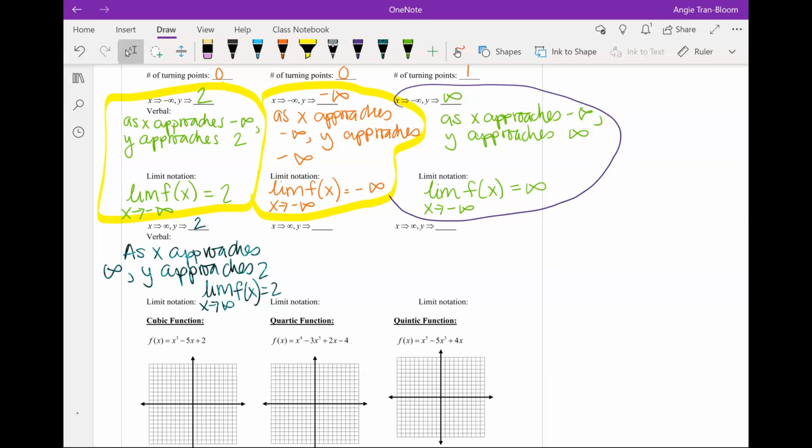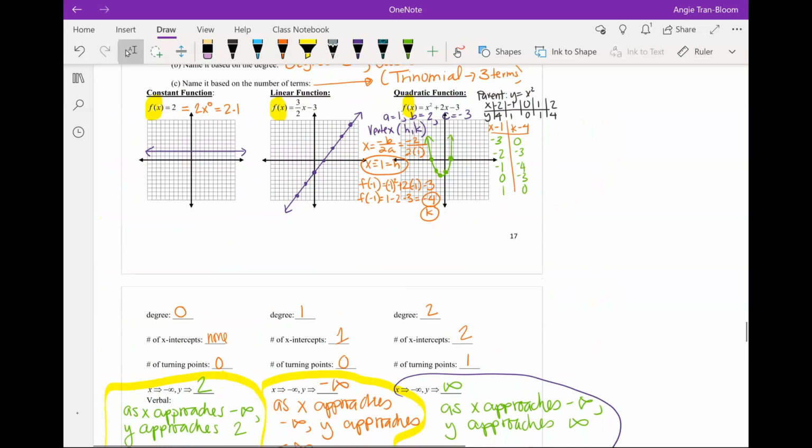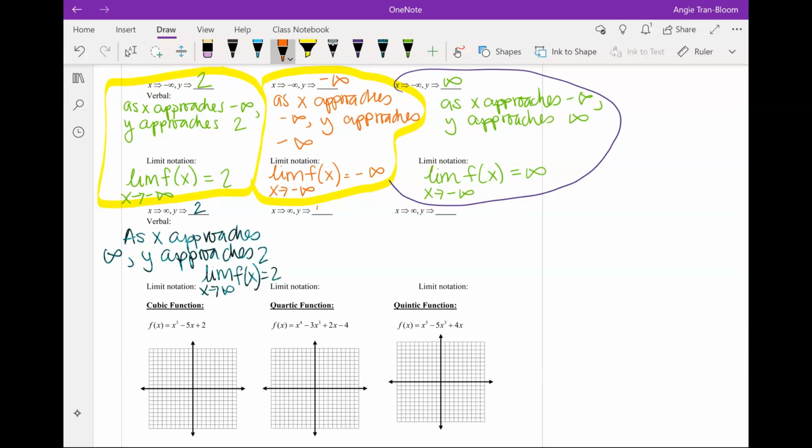In the middle, which is your linear, let me move it back up really quickly. As x approaches positive infinity, which is now we're moving to the right, what's happening to y? Y is going up. Does it stop? No, because the arrow means it goes up forever. So this answer would be a positive infinity. Okay.